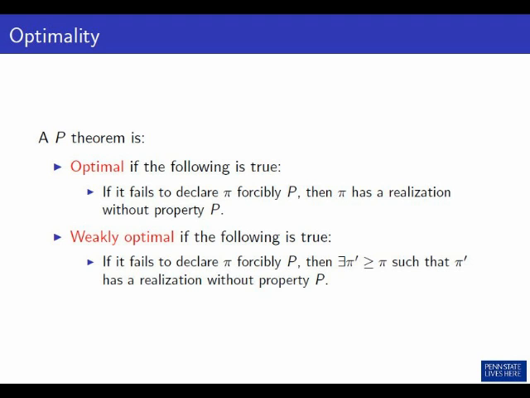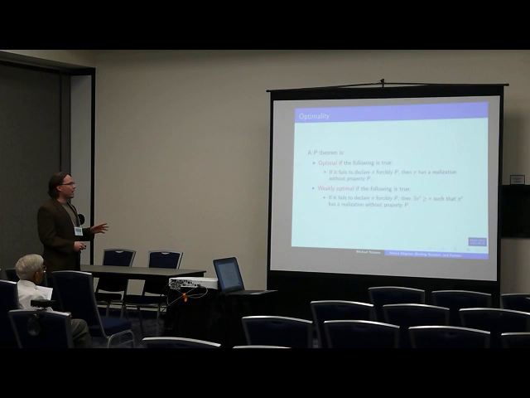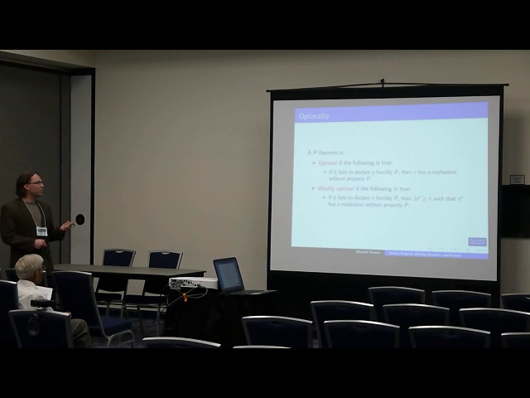But we're not going to focus on optimal, we're going to focus on weak optimality. Weakly optimal means that if the graphical sequence fails to satisfy the conditions, then it might be that all the realizations of pi have the property, but what we're interested in is that there exists a majorizing sequence that has a realization without that property. So the majorizing sequence in question is not forcibly P.